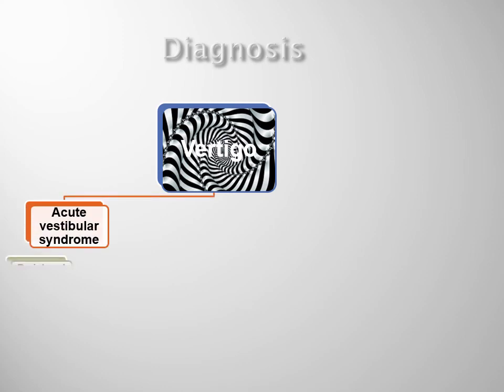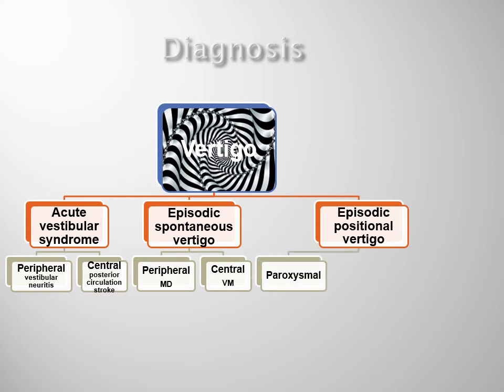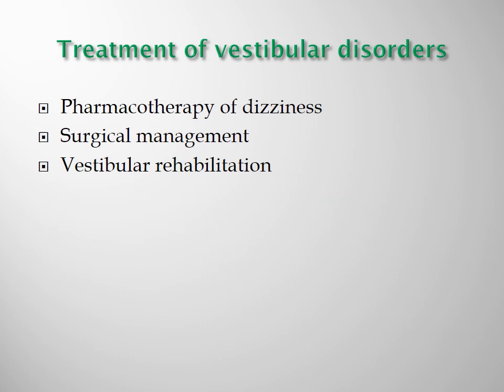And with vertigo, I have to diagnose if there is acute vestibular syndrome, peripheral or central, or episodic, peripheral and central, episodic spontaneous or episodic positional vertigo, paroxysmal or non-paroxysmal, paroxysmal benign peripheral positional vertigo or central, non-paroxysmal peripheral or central, and then go through intervention, which might be pharmacotherapy, surgical, or vestibular rehabilitation, or a mix of two or all three.